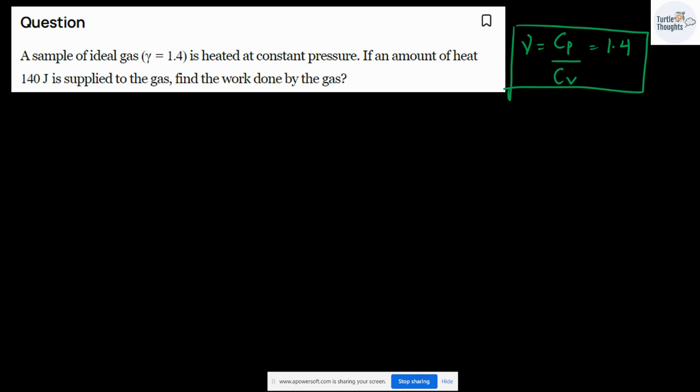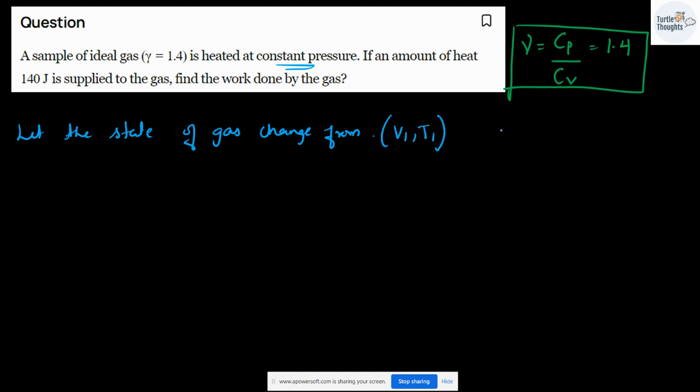At constant pressure, first they have given a sample of ideal gas heated at constant pressure. Let the state of the gas change from V1, T1 to V2, T2, since pressure is constant, only volume and temperature are going to change.